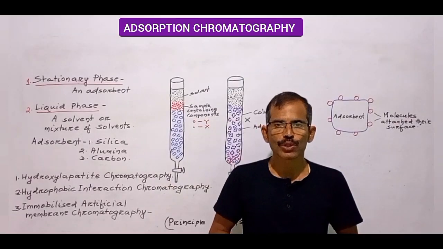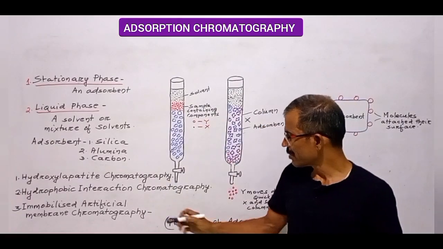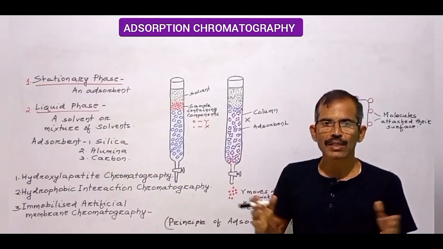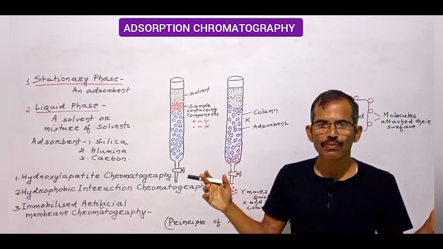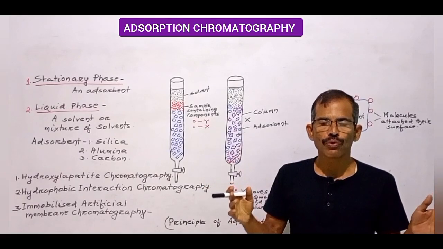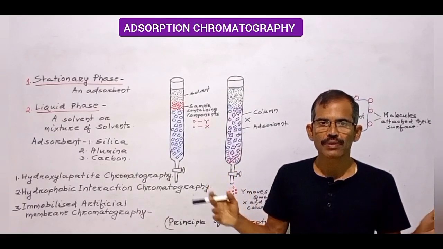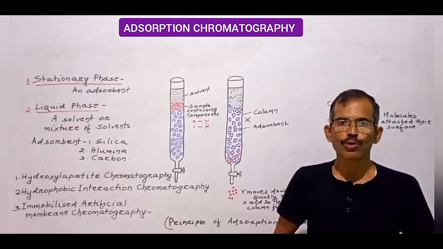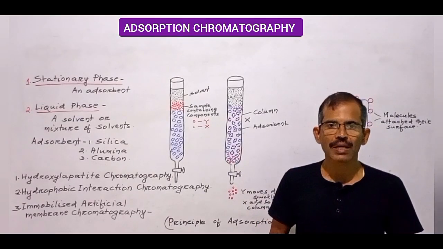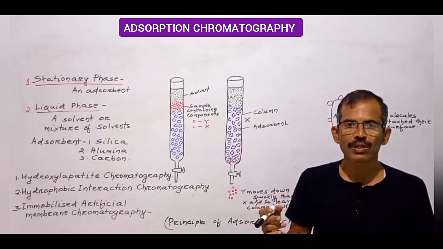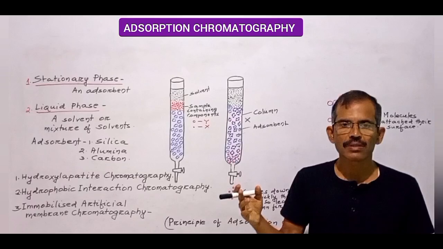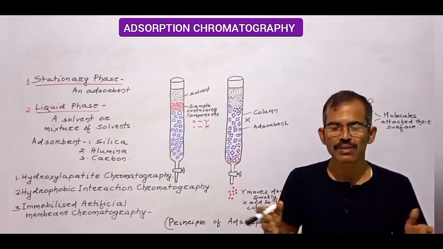Another form of adsorption chromatography is hydrophobic interaction chromatography, which exploits surface hydrophobicity. This technique is useful for the purification of proteins. Normally in proteins, the hydrophilic amino acid residues are scattered on the protein surface in a way that gives the proteins their characteristic properties.